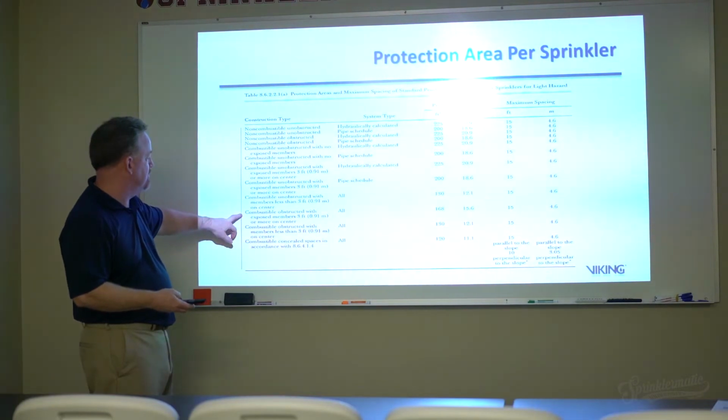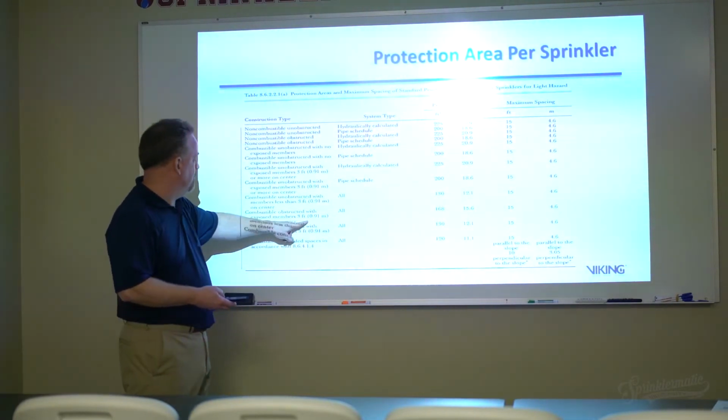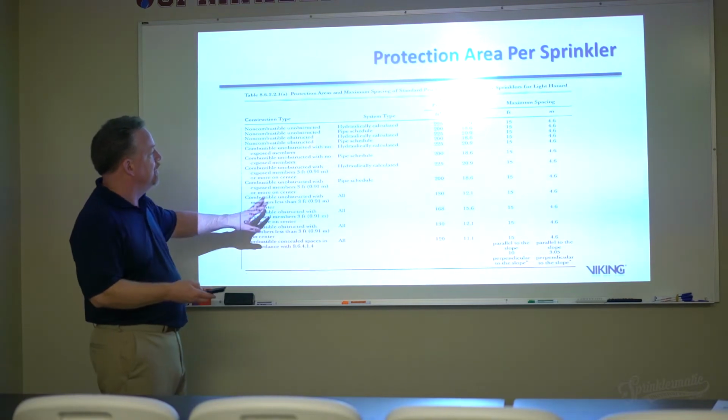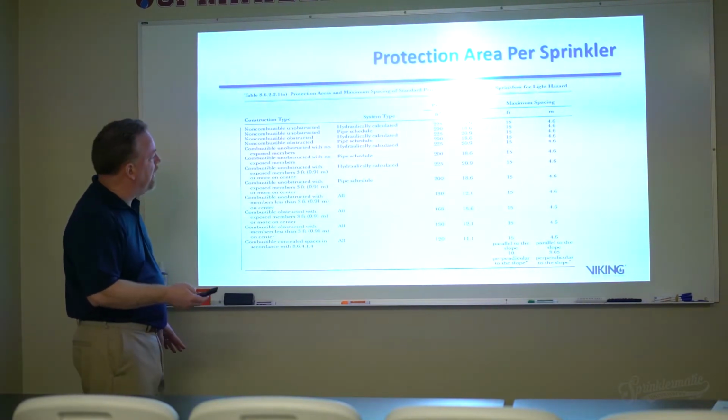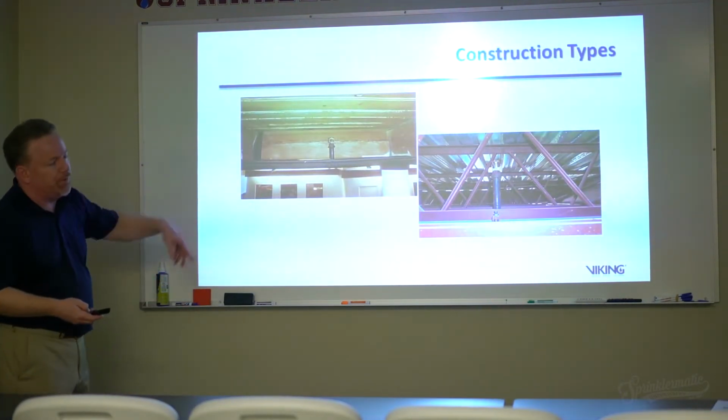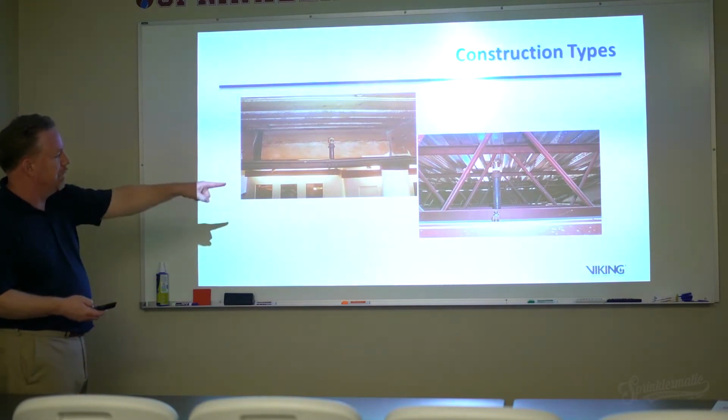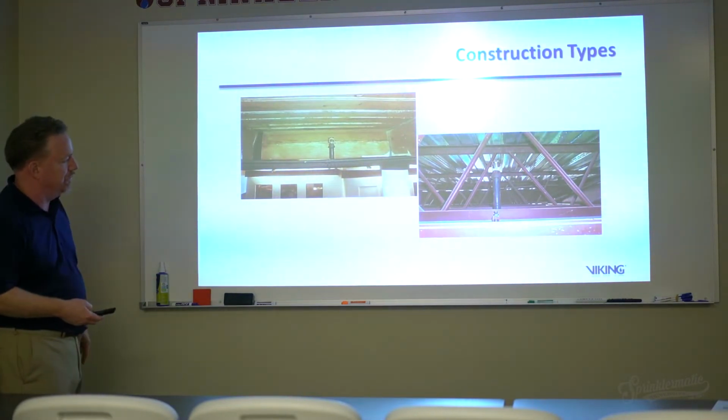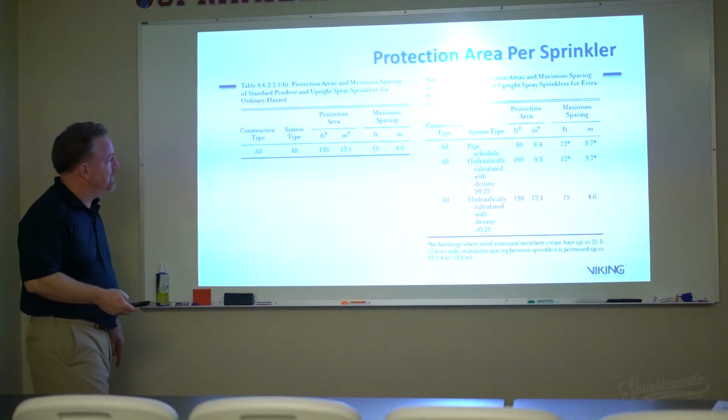Combustible obstructed, 160, as long as we have 3 feet or more on center. So what it does is it's going to impact the overall area of operation per sprinkler, as opposed to unobstructed construction, which we have over here in the bar joist construction. We're going to see that you can have greater area in those spaces.